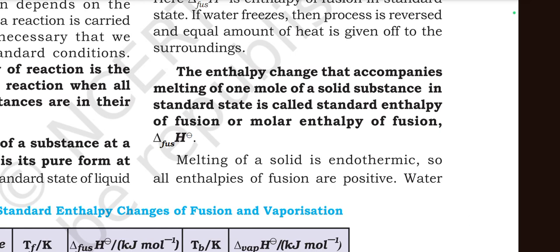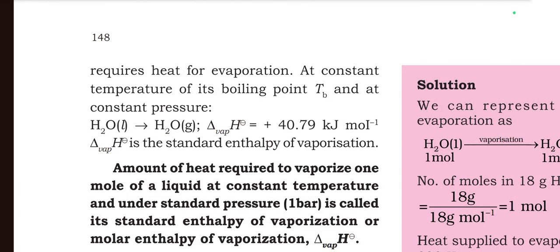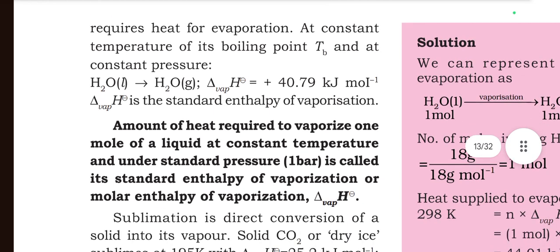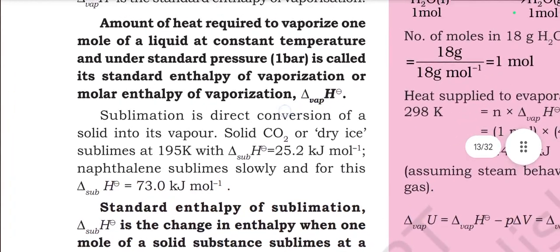Water requires heat of vaporization at constant temperature, its boiling point T_b, and at constant pressure. The amount of heat required to vaporize 1 mole of the liquid at constant temperature and standard pressure is called standard enthalpy of vaporization or molar enthalpy of vaporization.